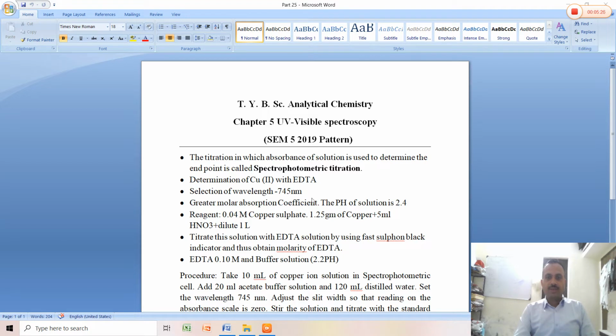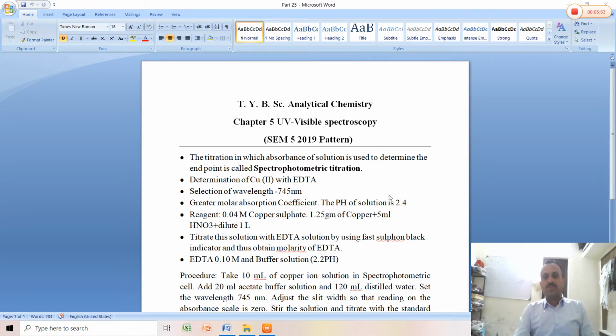This wavelength is very important because the copper 2 solution with EDTA added has a greater molar extinction coefficient at this lambda max value. So this wavelength is selected for that purpose.